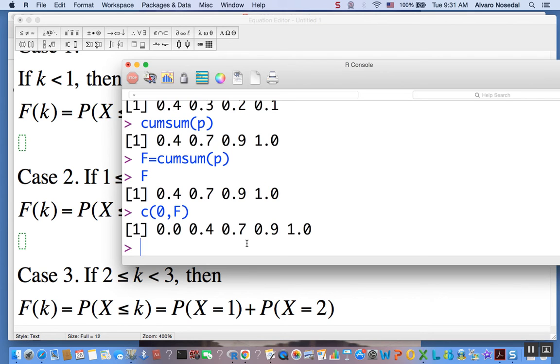Now let's define our step function, and this is the built-in function in R, the command that will create that step function for you. So x will be unchanged, but we want to add that 0 to the values of the function F.